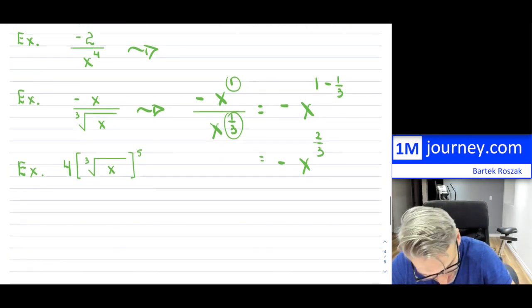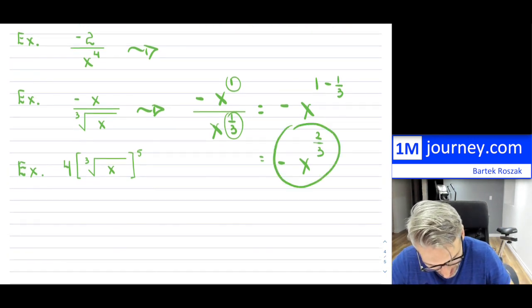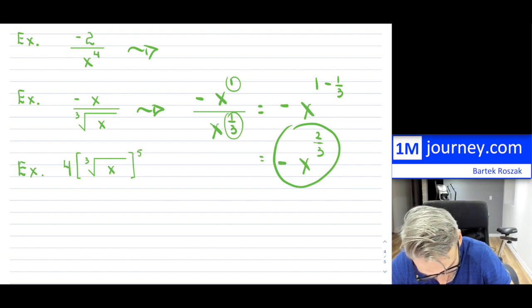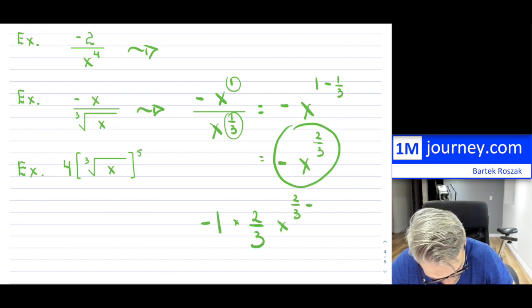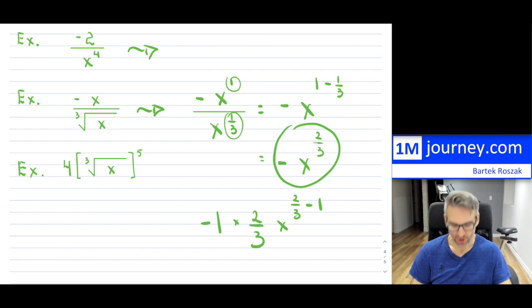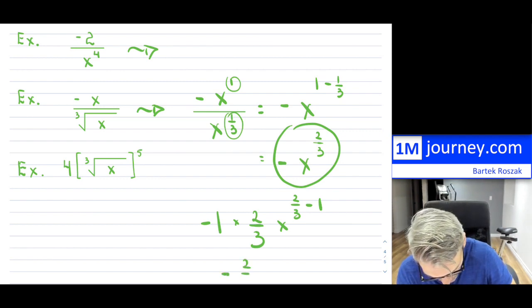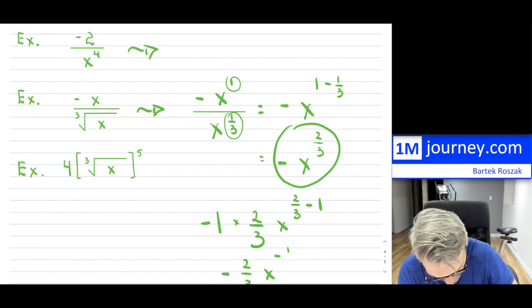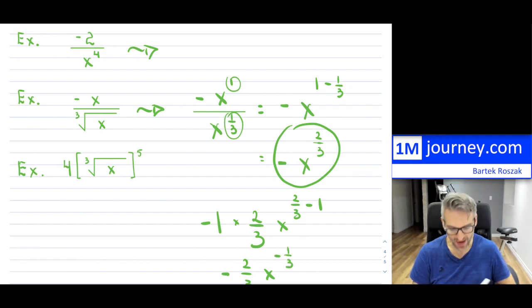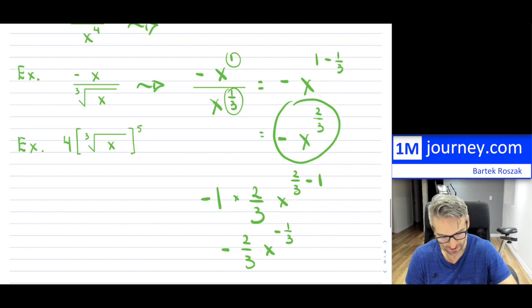Now if I want to find the derivative of this, the negative just simply means it's -1. So this is going to be -1 times, bring down the exponent, and then x to the 2/3 minus 1. So my final answer is -2/3 x to the -1/3. And that is my derivative.